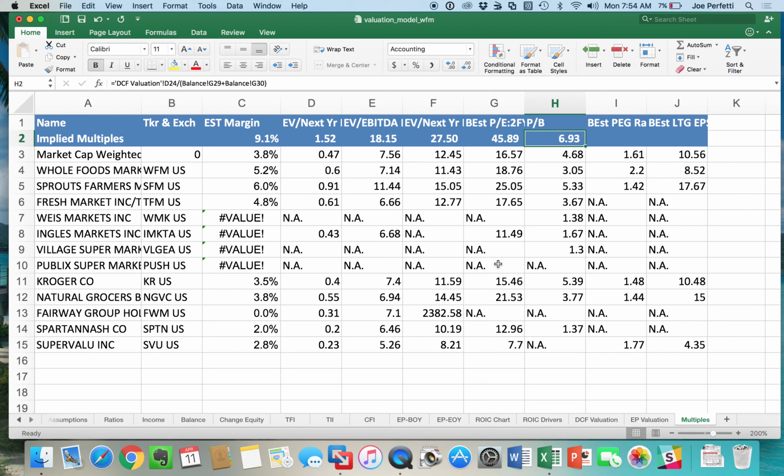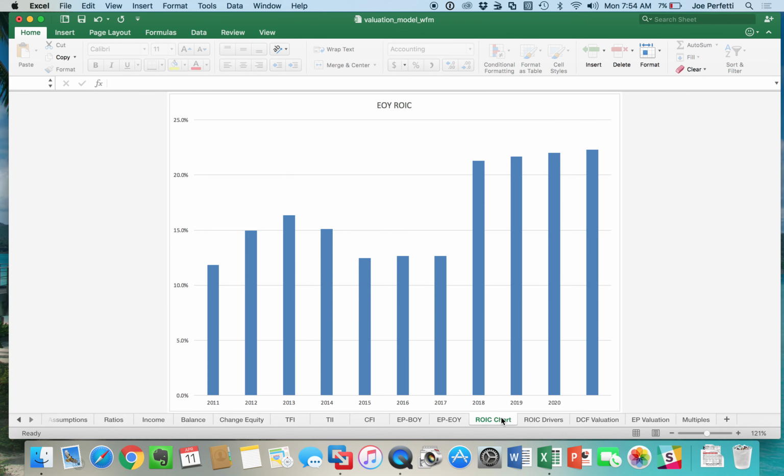So when I look at this and I look at my ROIC chart, I can quickly see that this just doesn't seem like a reasonable share price for the company, given what the market is viewing, not just Whole Foods, but all of its players. So what you're going to need to do for your model is make these adjustments and have that ready for your project.